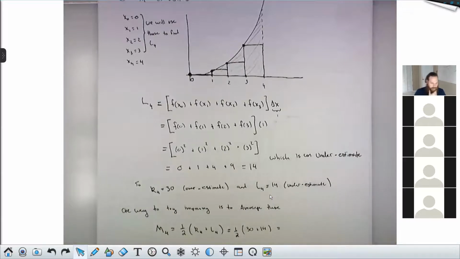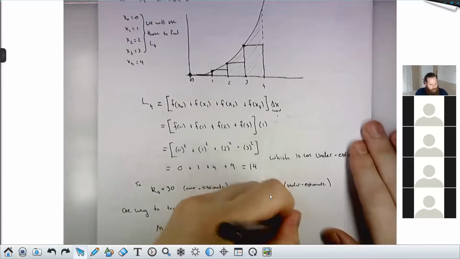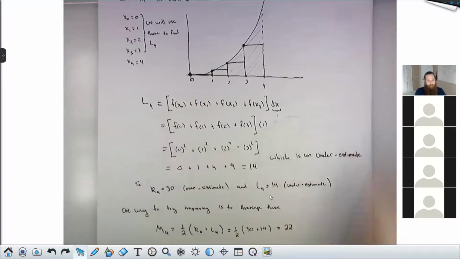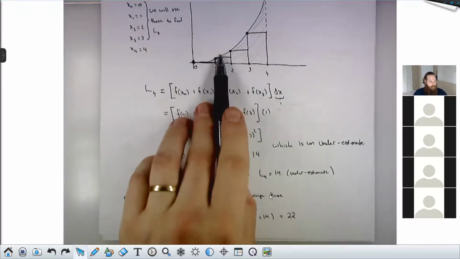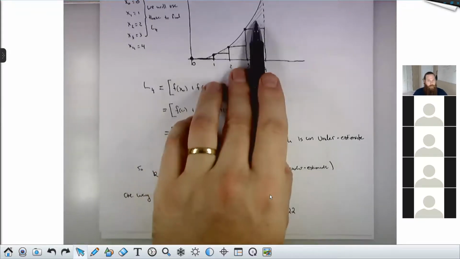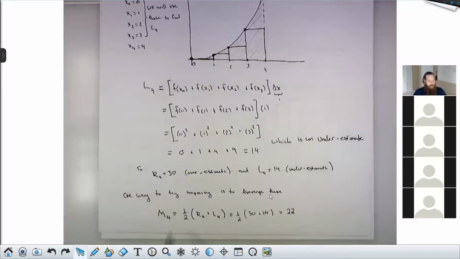Half of that is 22. So now I'm going to give you the formula for Rn, Ln, and Mn. This isn't the only way to get Mn, by the way. It just turns out that if you were to use the midpoint for each of your heights, you get exactly the average of what you get if you use the right and the left.